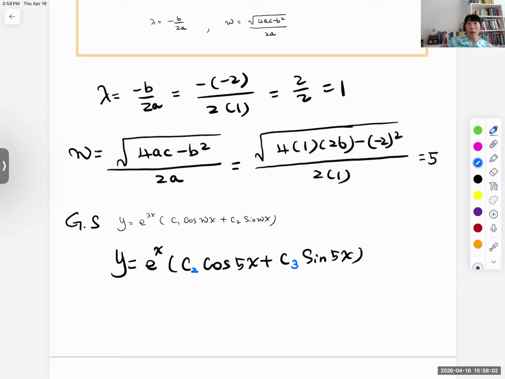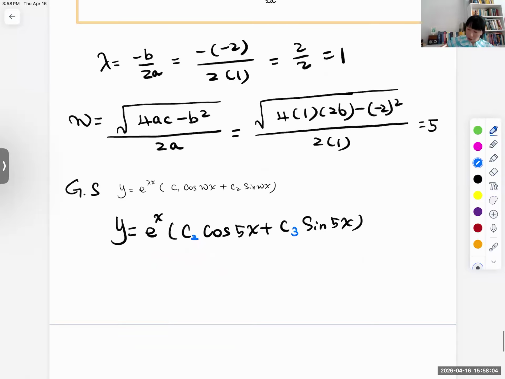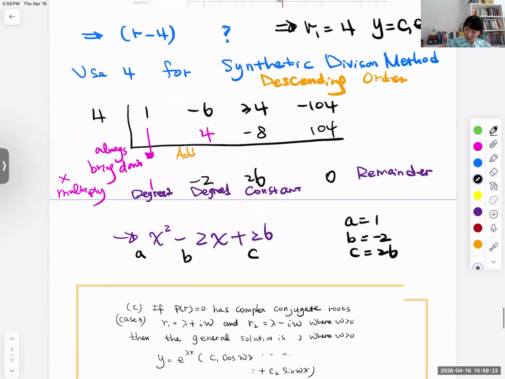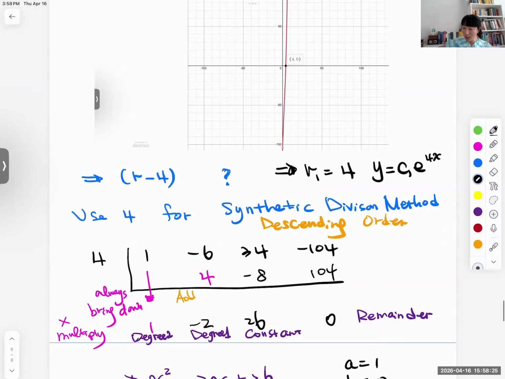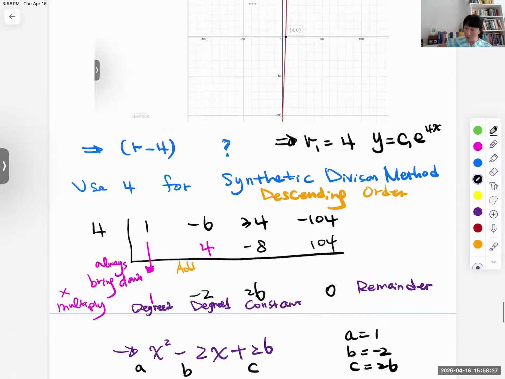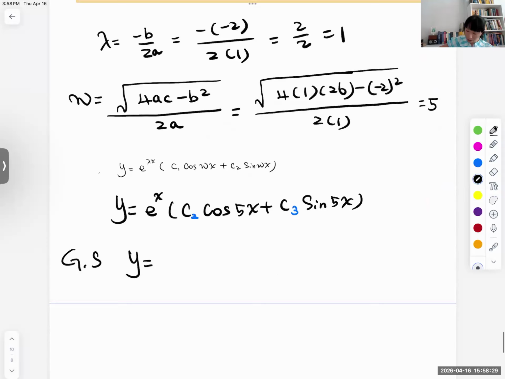Okay, now then general solution. This is not general solution, so general solution will be y equal to the earlier one. What was it? 3? I don't remember. Okay, so C sub 1 e to the 4x. Yeah, C sub 1 e to the 4x.